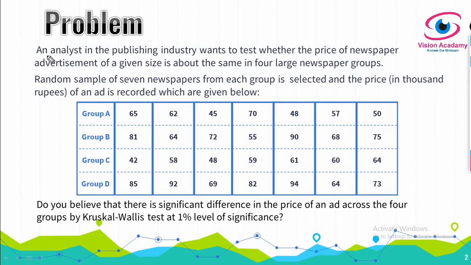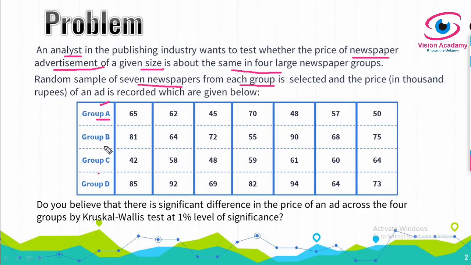An analyst in the publishing industry wants to test whether the price of newspaper advertisement of a given sample size is about the same in 4 large newspaper groups, that is Group A, Group B, Group C and Group D. For that, they have taken a random sample of 7 newspapers from each group.